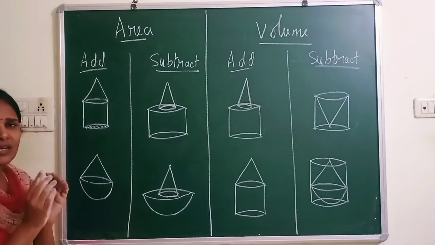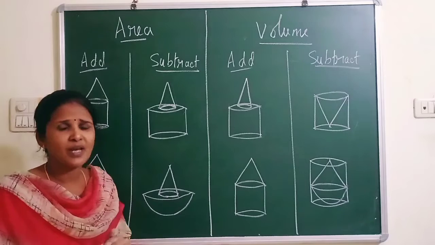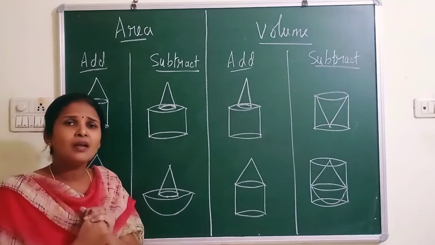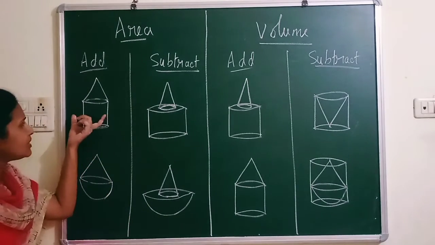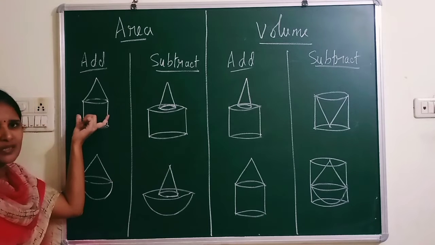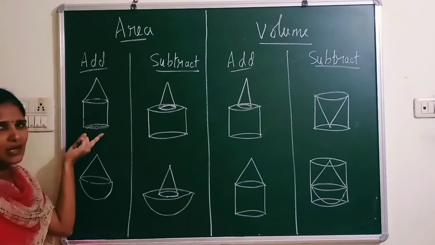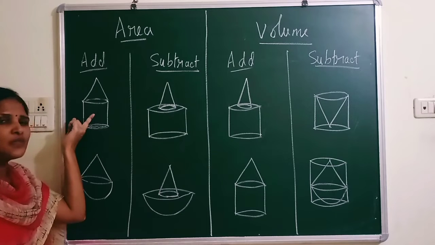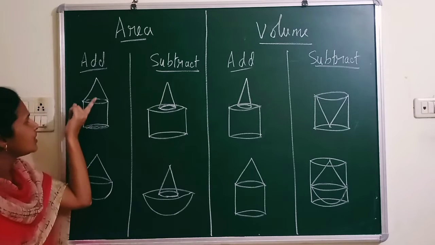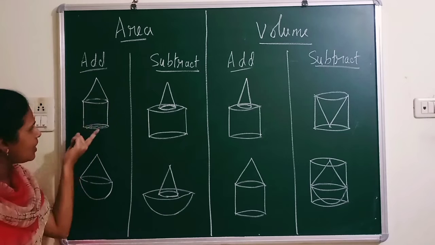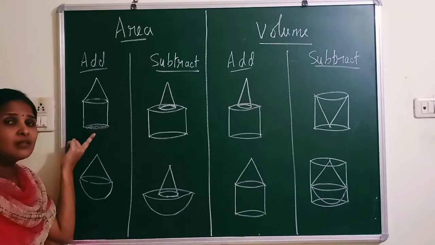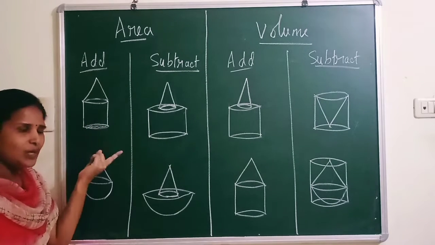I said already, in area, whatever you can see with your eyes should be taken as area. So here I can see the curved part of the cylinder, the curved part of the cone and the base of the cylinder. The CSA of the cylinder is 2 pi r h, the CSA of the cone is pi r l, plus the area of this base, pi r square.